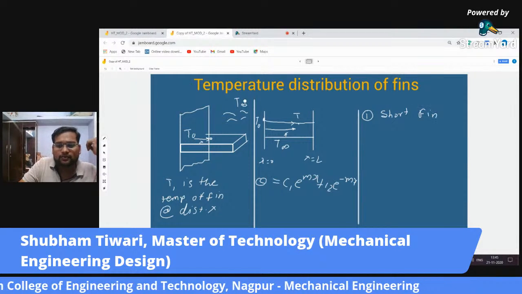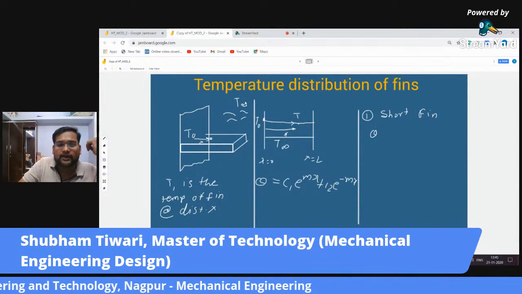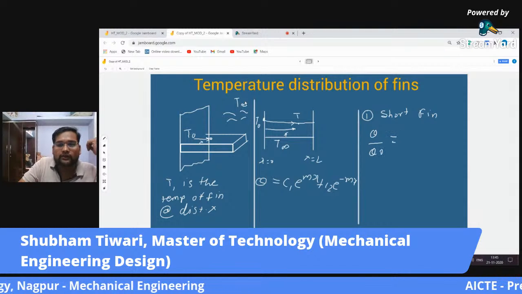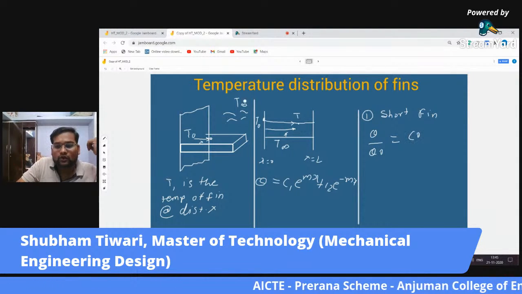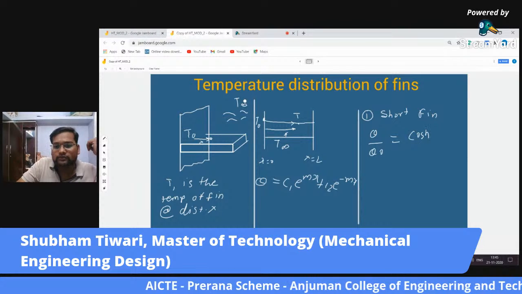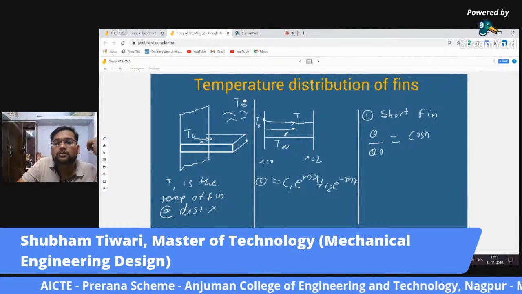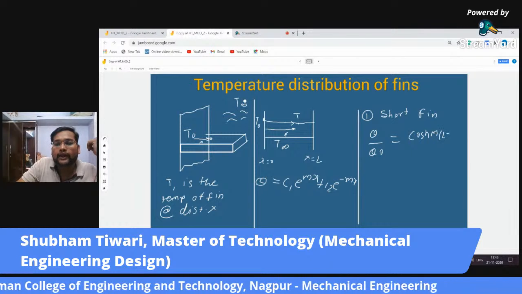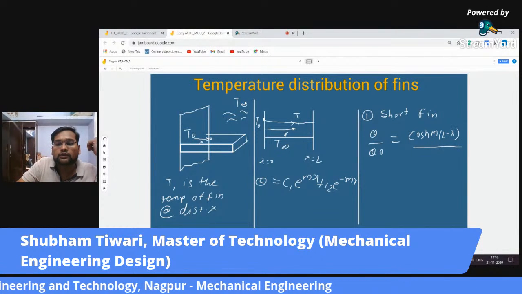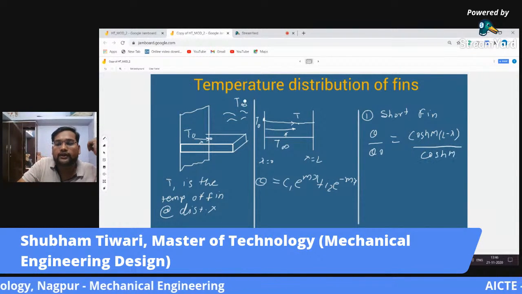For the short fin, theta upon theta naught equals cosh m(L minus x) upon cosh mL.